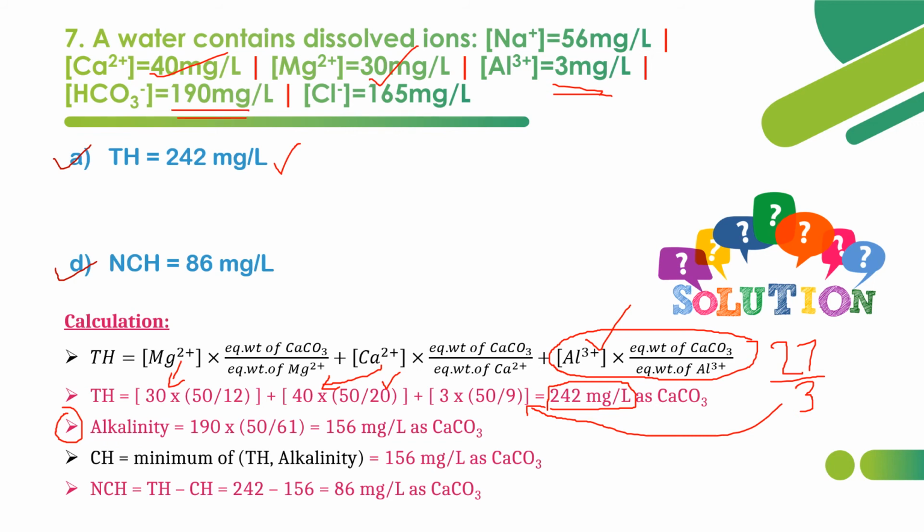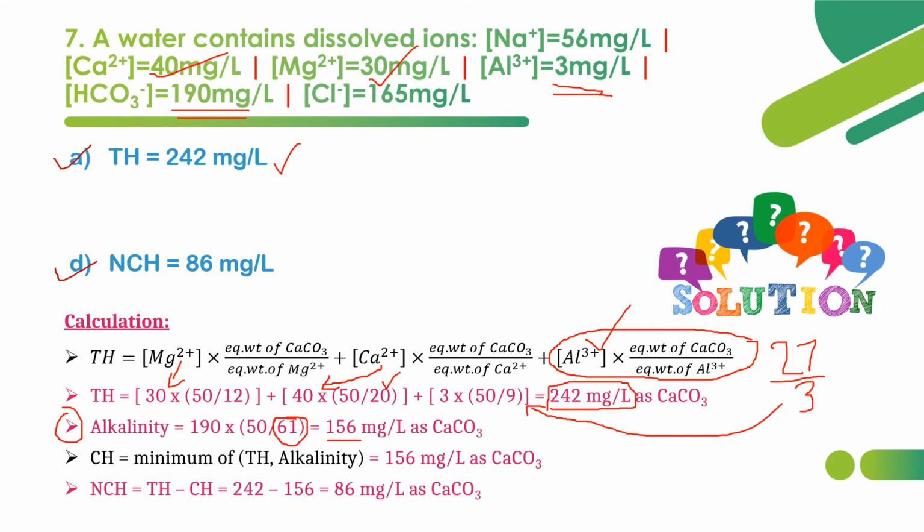So 190 into 50 by 61. What is 61? The equivalent weight of bicarbonate. These values have to be remembered, or we can calculate, but it is fair when we remember the values. So 190 into 50 by 61 gives 156 as the answer.